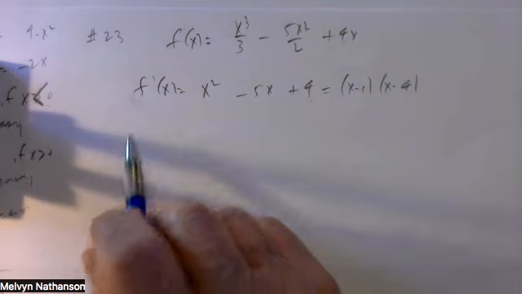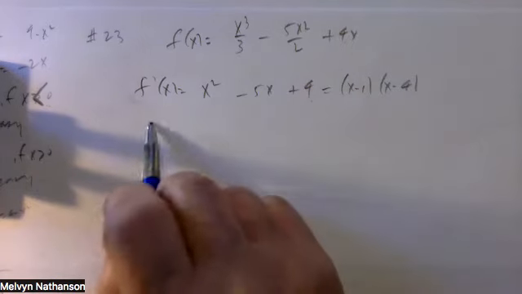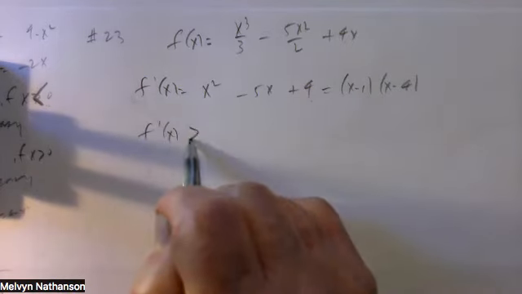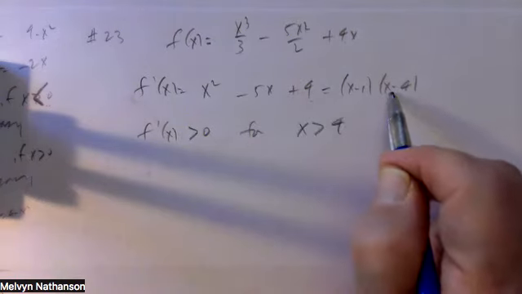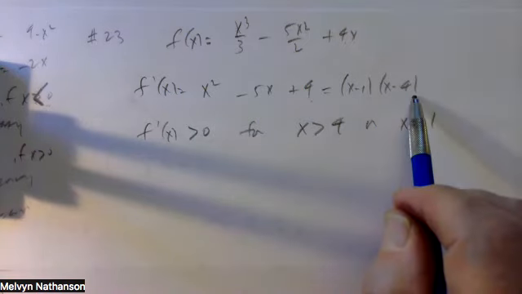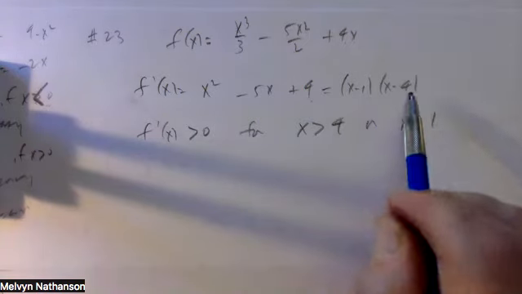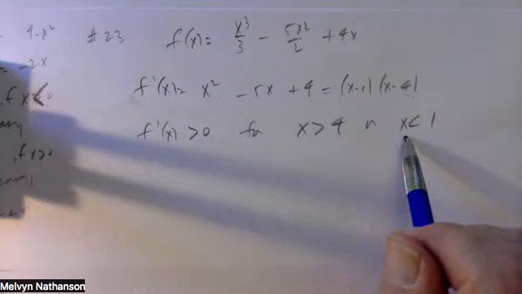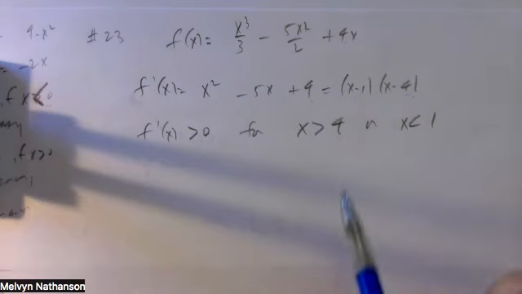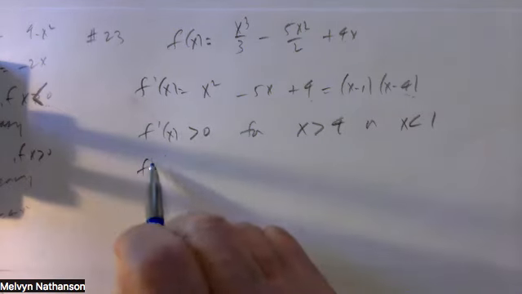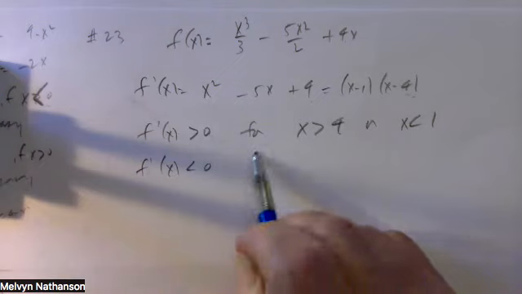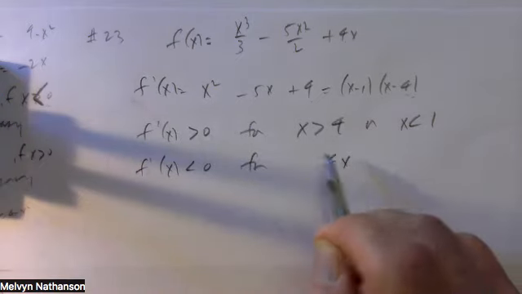So what we can say is that f prime of x is greater than 0, either for x bigger than 4 or x less than 1. If x is bigger than 4, these are both positive. If x is less than 1, these are both negative. And f prime of x is negative when x is between 1 and 4.